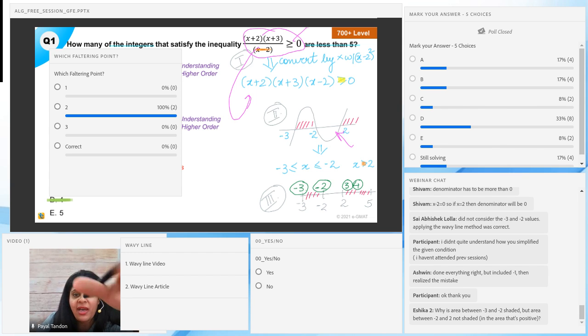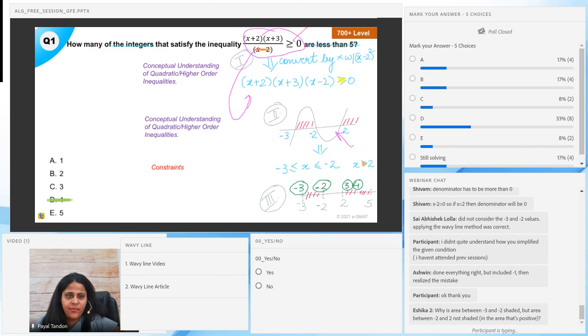So that is the reason why we are multiplying both sides by x minus 2 whole squared. And when we do that, we essentially get x minus 2 above in the numerator. Now, all of this is explained in our quadratic section module in the course, but that is not part of the free trial. Okay. All right.